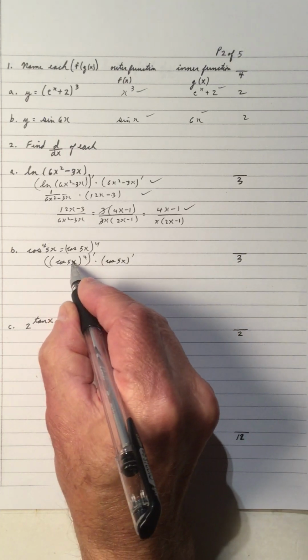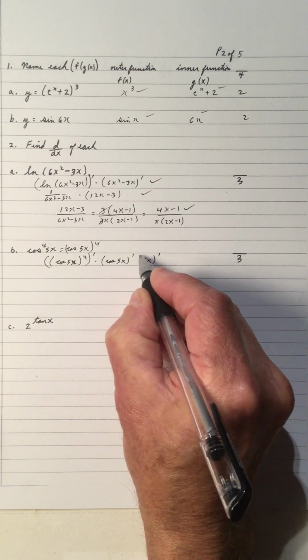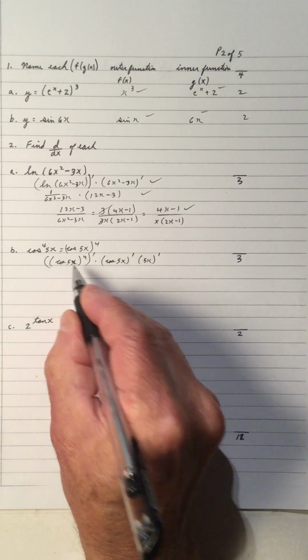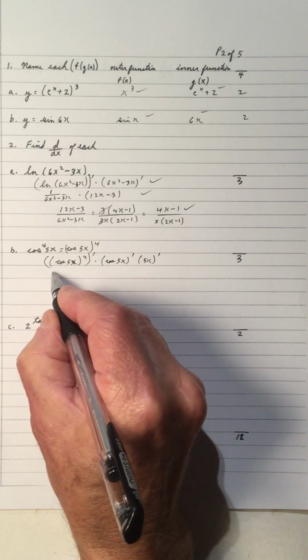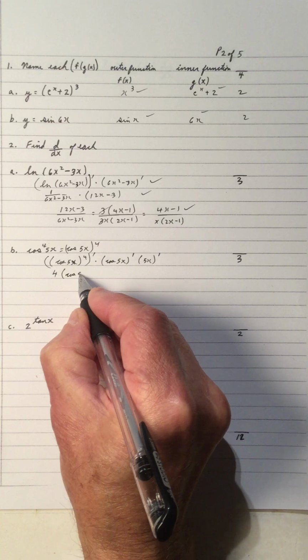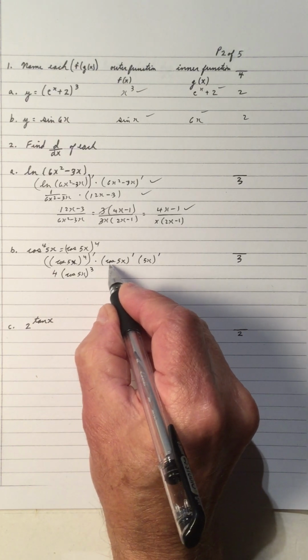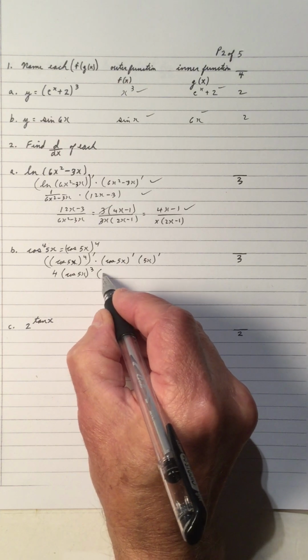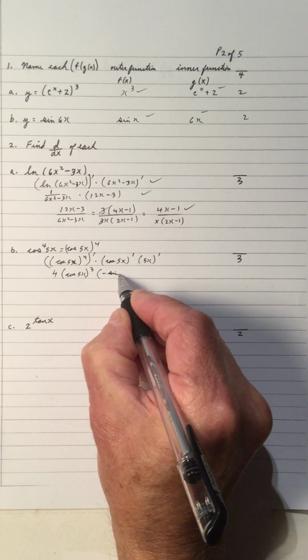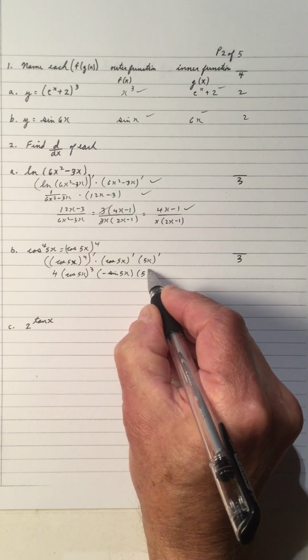And again, we have an inner, so we have to do the derivative of 5x. We keep doing the derivative until we get right to the inside, which is 5x. So this is the power rule, so this is 4 cos 5x, and that's a 3, and the derivative of cos of 5x is negative sine 5x, and the derivative of 5x is 5.